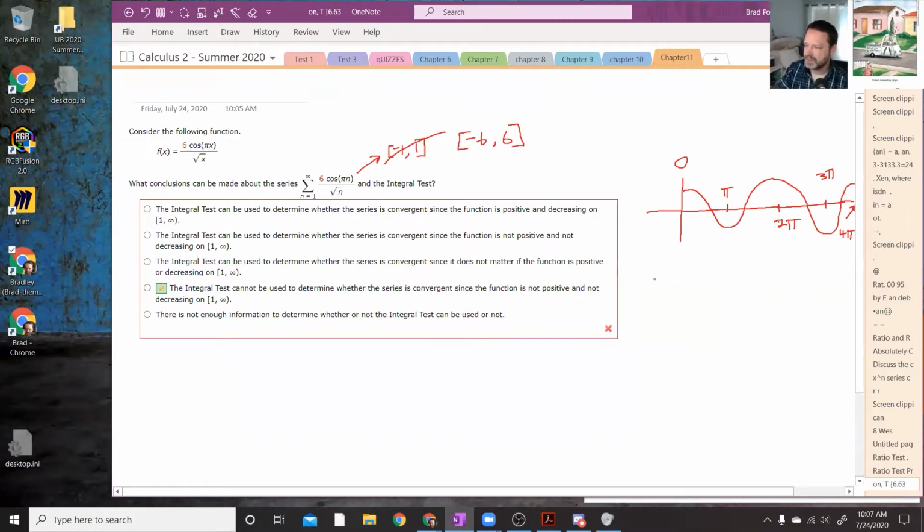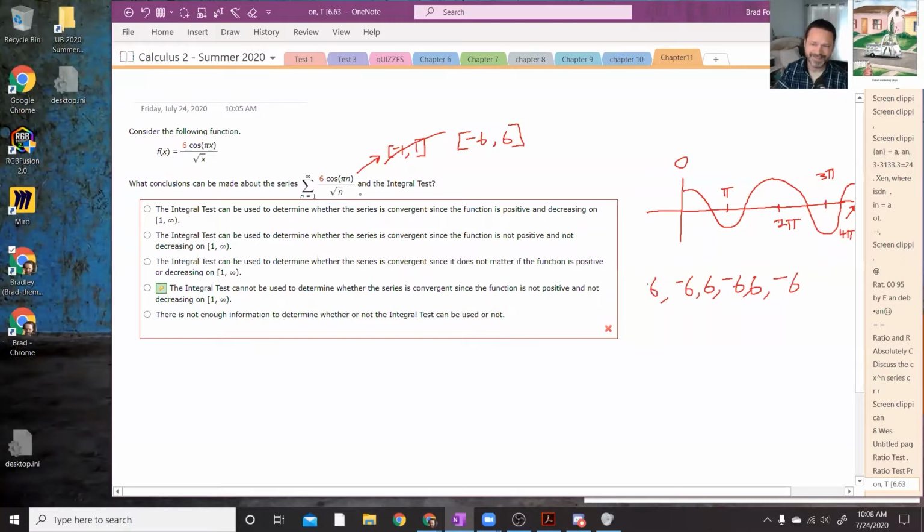When we're doing cosine, that whole top part would be 6, then -6, then 6, then -6, then 6, and then -6. I'm looking at this top part. It's just alternating back and forth between 6 and -6.